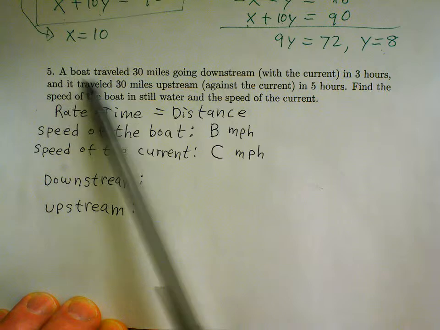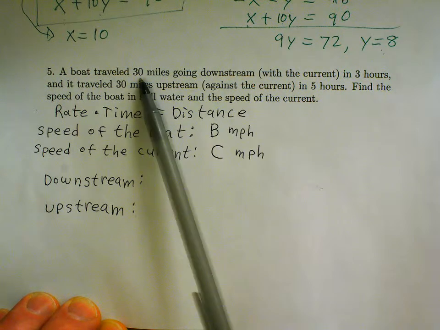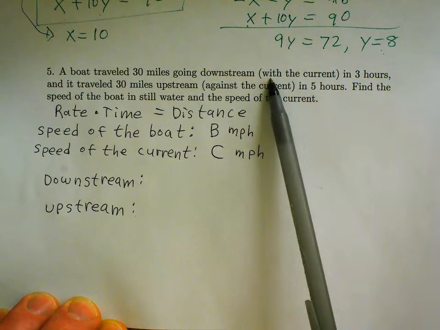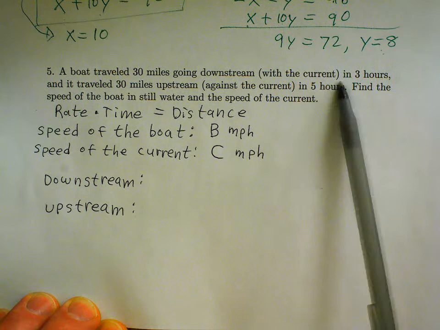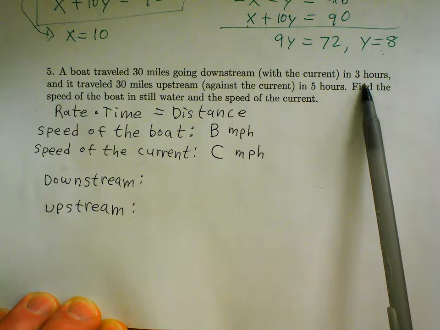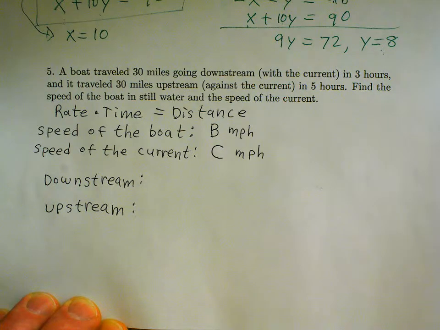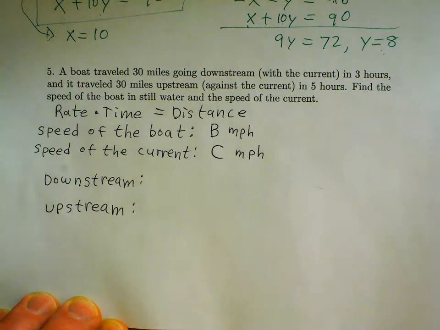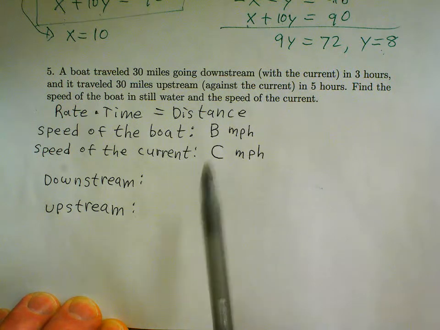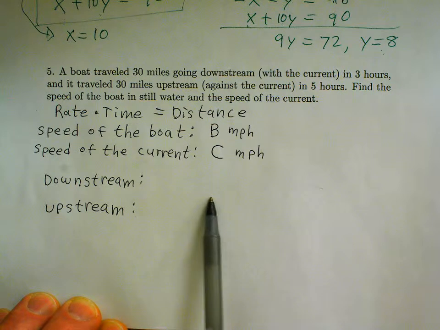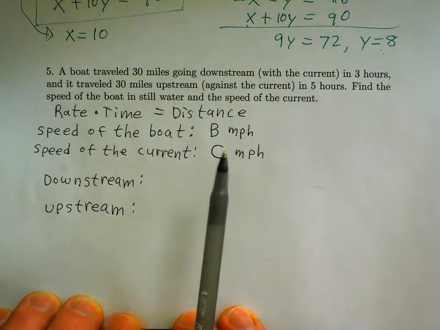So a boat traveled a distance of 30 miles going downstream with the current in 3 hours. 3 hours is the amount of time it takes. Okay, so if the boat is traveling downstream, then how fast is it going? Or what's the rate?